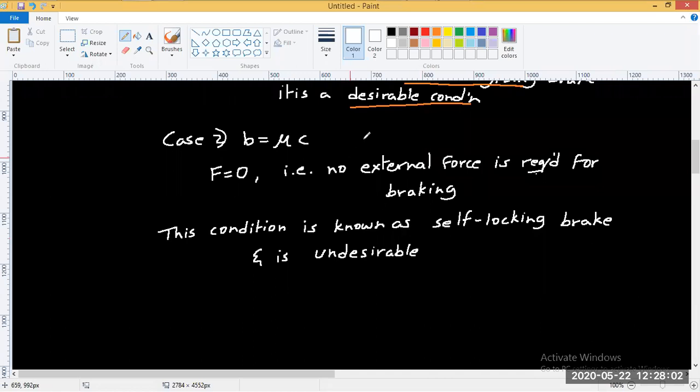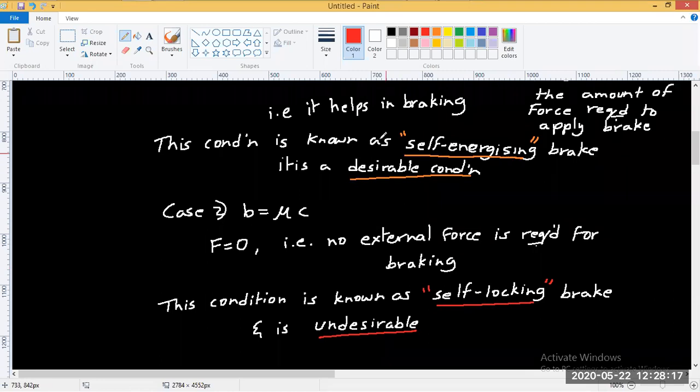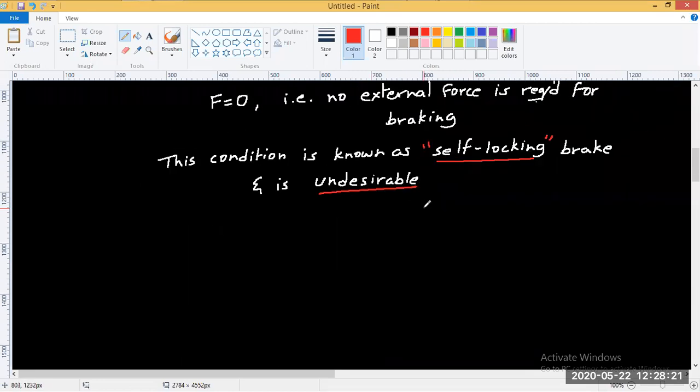This condition is not desirable. This self-locking condition is undesirable. Again, this may be asked for 2 marks, 3 marks: how do you define the self-energizing and self-locking conditions?